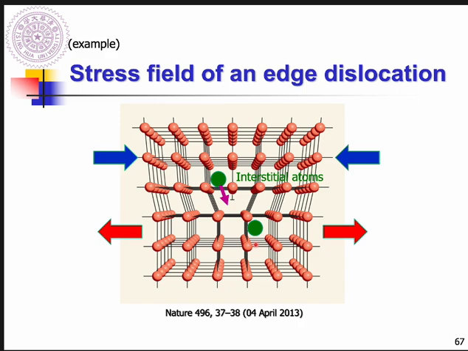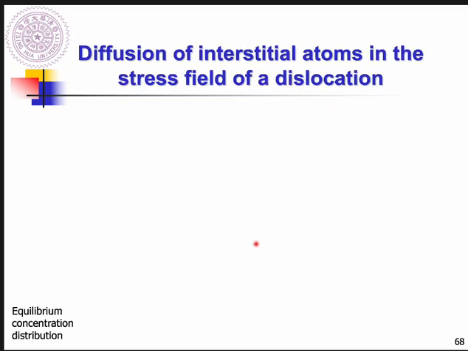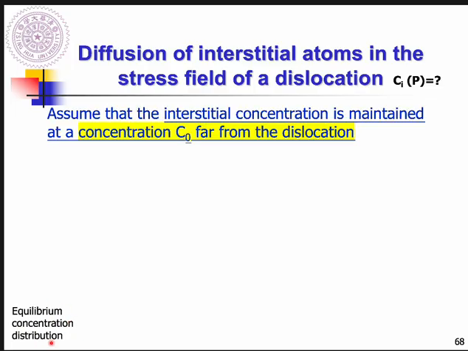Okay. So in order to quantitatively interpret this phenomenon, your textbook gives an example showing here. What we have is diffusion of interstitials in the stress field of a dislocation. So we hope you can interpret the equilibrium concentration distribution for these interstitials.